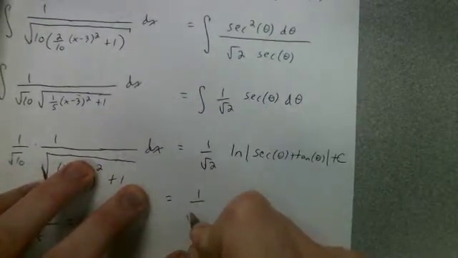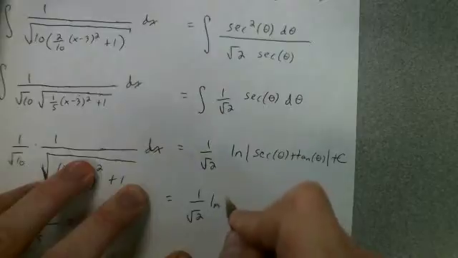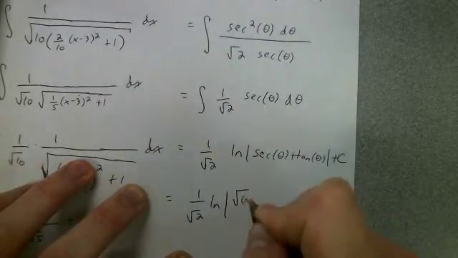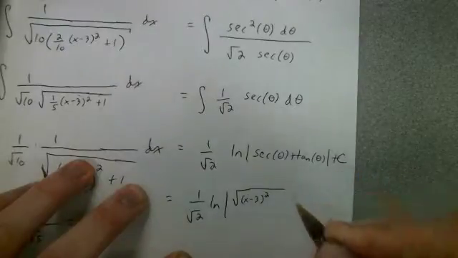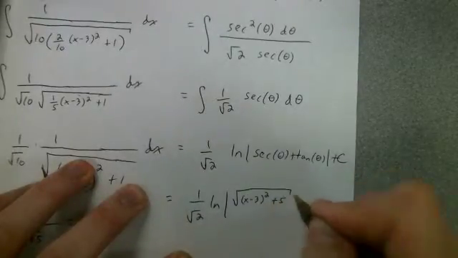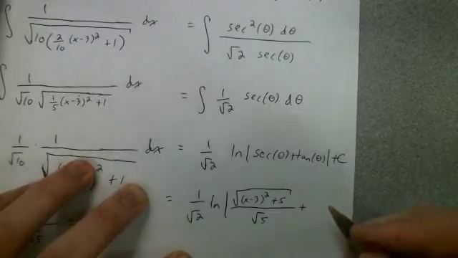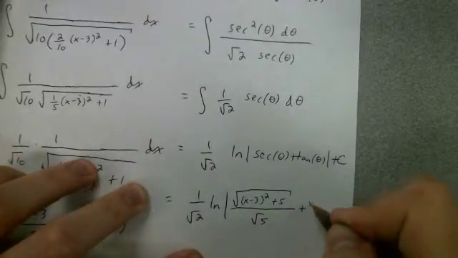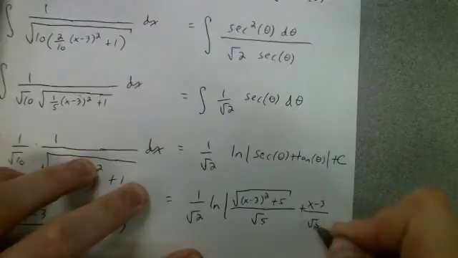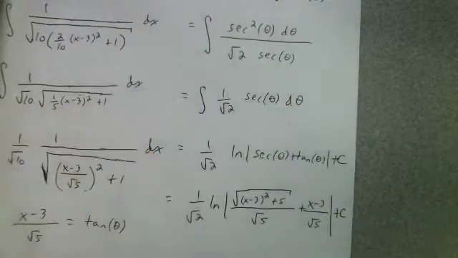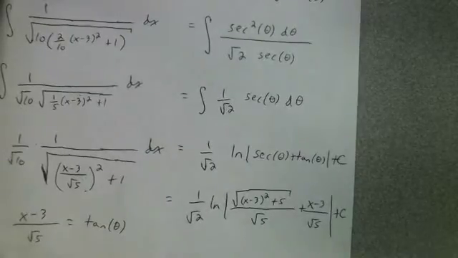So I have 1 over the square root of 2, natural log, absolute value, square root x minus 3 squared plus 5 all over the square root of 5 plus tangent of theta, x minus 3 all over square root of 5, plus c. And now that's about as messy as they get.